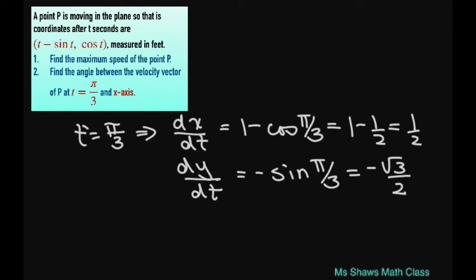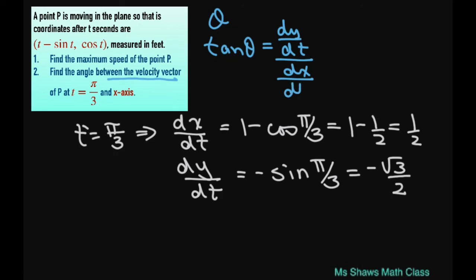Now let theta be the angle between the velocity vector and the x-axis. Then we use tan θ equals the derivative of y with respect to t divided by the derivative of x with respect to t.